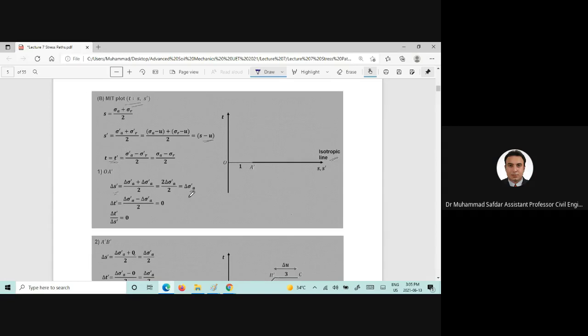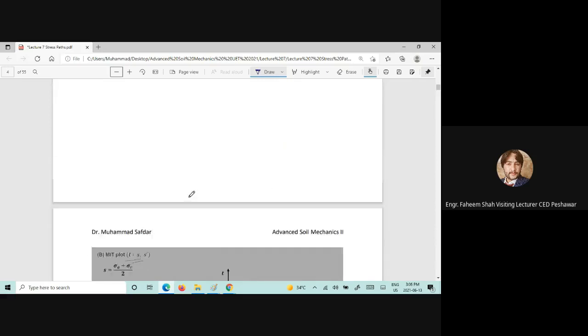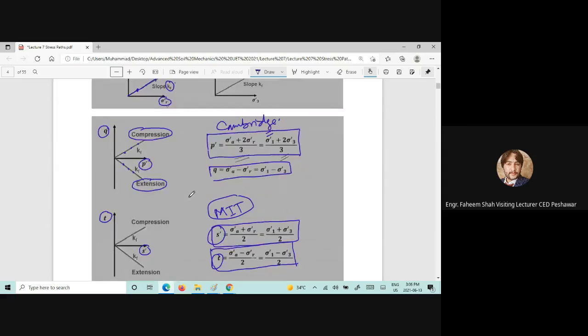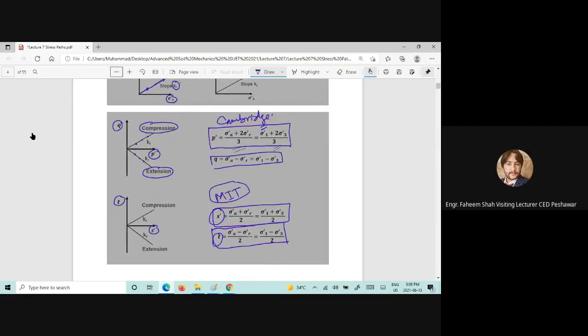Yes, please. Sir, on the previous slide, here where there is T, why has the average been taken for this, sir? Sigma 1 prime minus sigma 3 prime divided by 2. This will give us the radius of that Mohr circle.